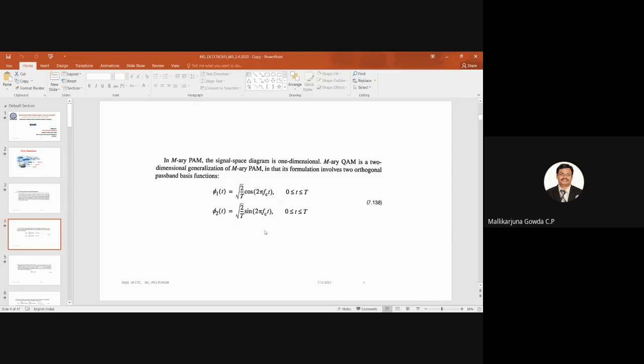Cos and sine have a phase shift of 90 degrees between them, you all know that. So these two signals are orthogonal signals, and we are using them as basis functions in the QAM.